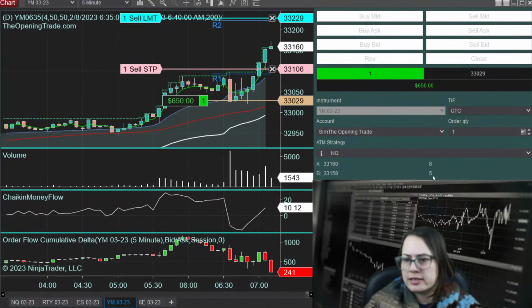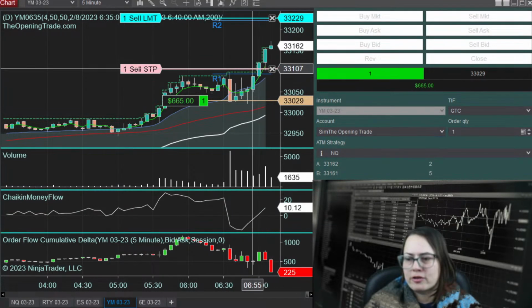We see that its climb has slowed down a little bit. We hope it turns around, picks back up, jets up to the R2, past the R2 into my blue aqua line there, and then it would take me out of my automated trade.